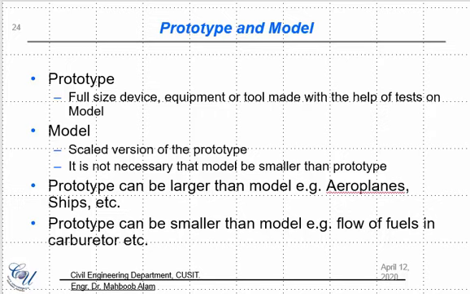Obviously you cannot make a bigger model, so you have to make a smaller model of it. So 100 kilometers, you can say that okay, 100 kilometers is represented by 1 feet, and then you have to decrease the size of everything and then develop your model. So a model can be smaller, and in most of the cases it is bigger than the prototype.